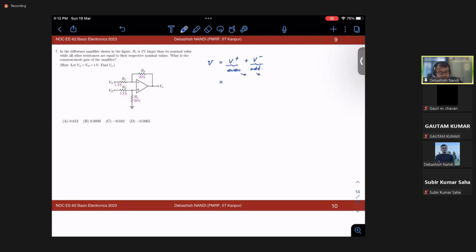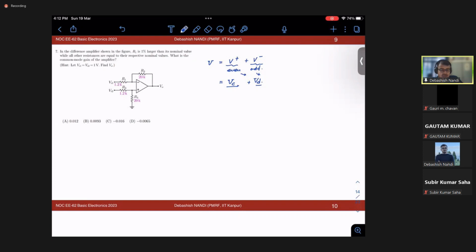The differential part is the part which is of opposite sign, and the common part is the part which is of the same sign. So now if you are designing a difference amplifier or a differential amplifier on op-amp, the idea is that you want the difference to get amplified.